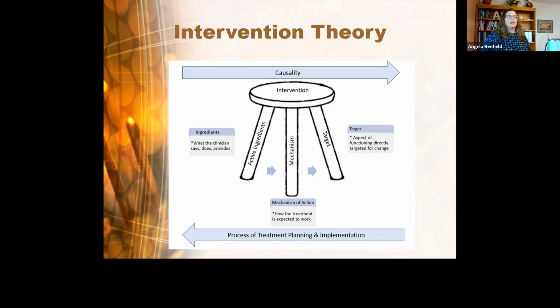However, we rarely have evidence of which activities are truly required, as they are the active ingredient which addresses the mechanism of change and causes the change. So in intervention theory verbiage, there might be some activities we do which are active that cause the change, and then we have others that are inert that we don't actually have to do because they are not actually causing change. They are just present.